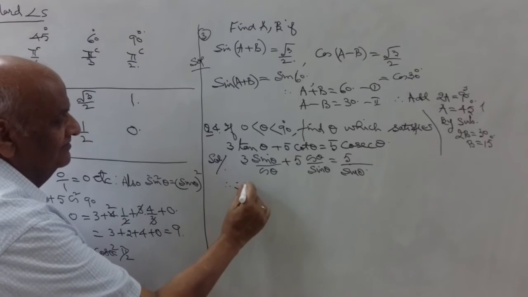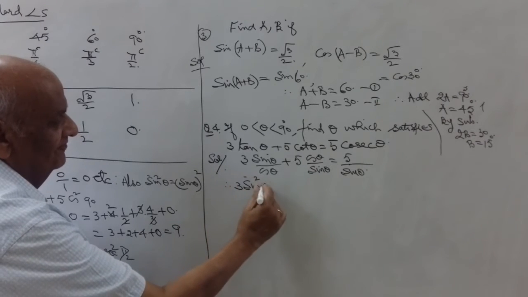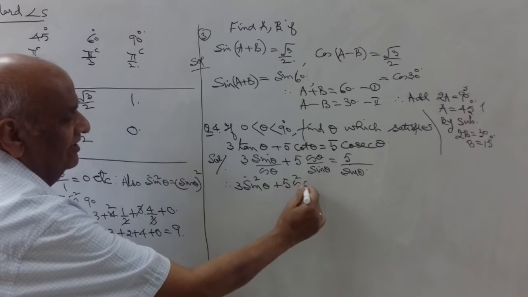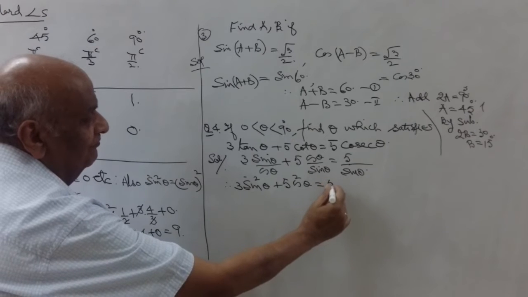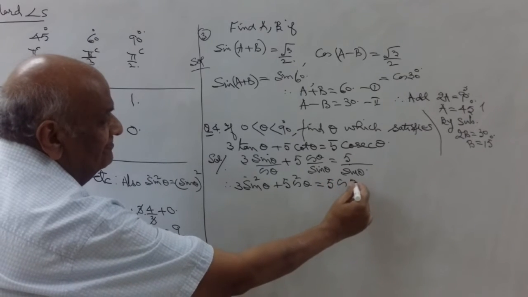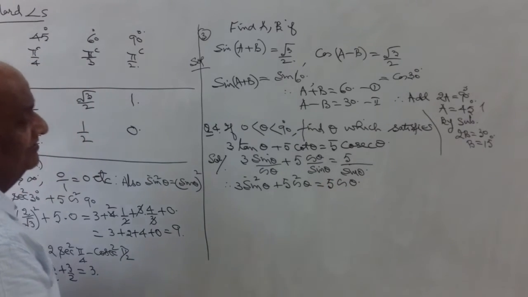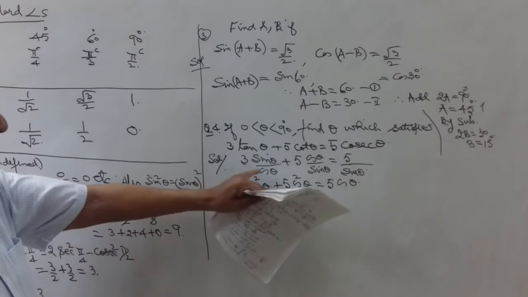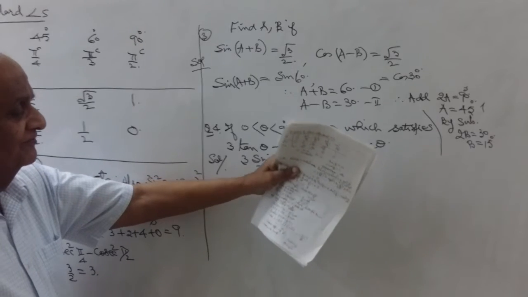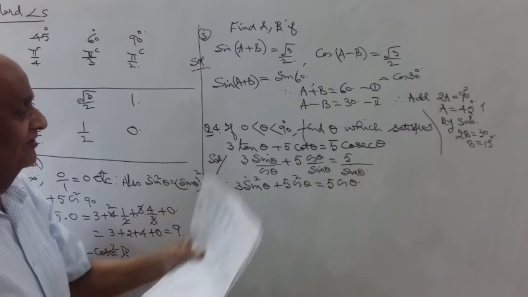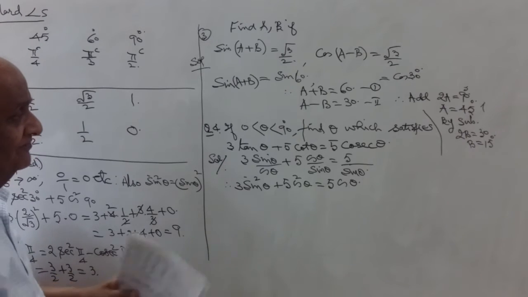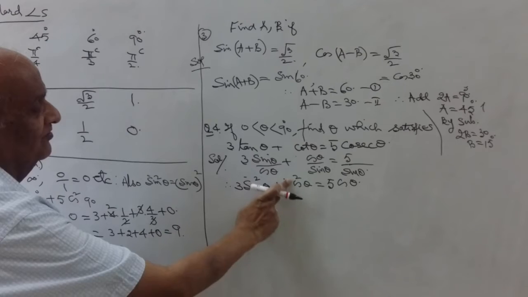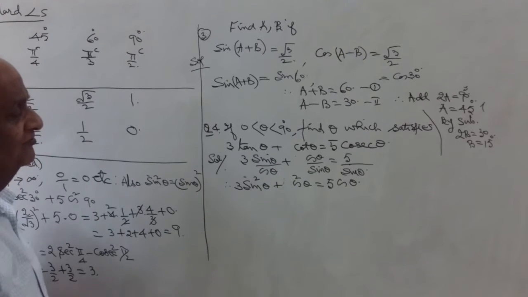It is 3 sin square theta plus 5 cos square theta is equal to 5 cos theta. Look, when you take the LCM, 3 sin square theta plus 5 cos square theta. Please make a correction here. It is not 5 here, simply cos square theta. Please correct it.